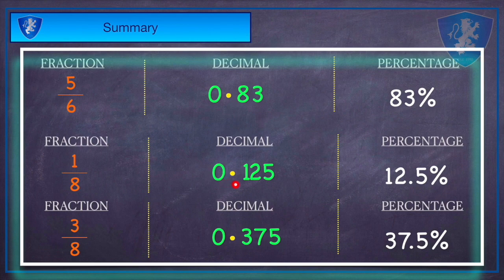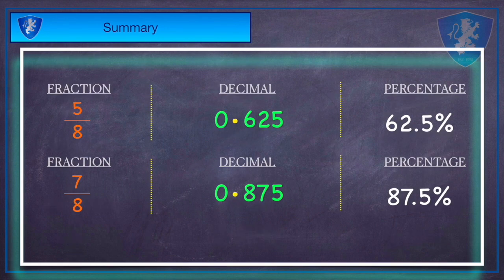And these two fractions, like 3 over 8, is 0.375 or 37.5%. Very important. And the last one, 5/8, is 0.625 and is 62.5%. This is also quite important, comes in the exam. 0.625 and 62.5%.